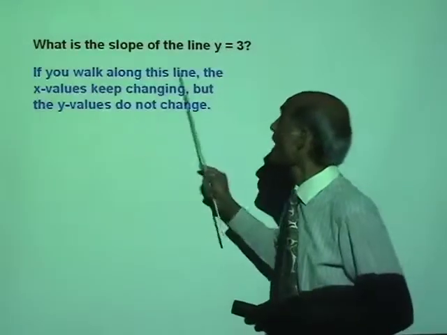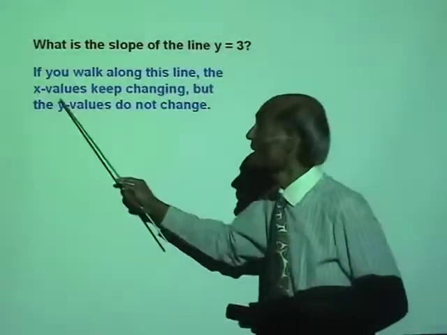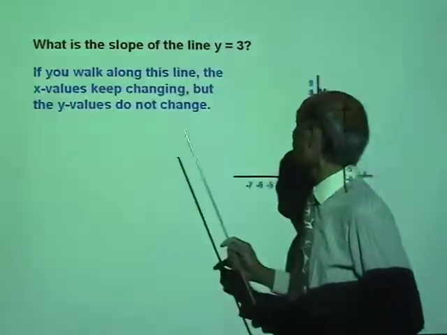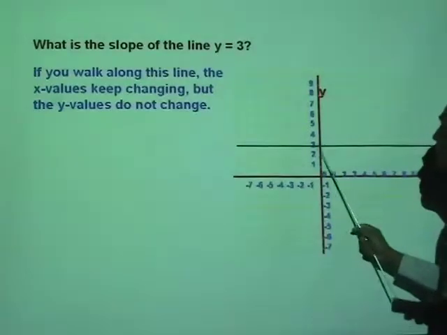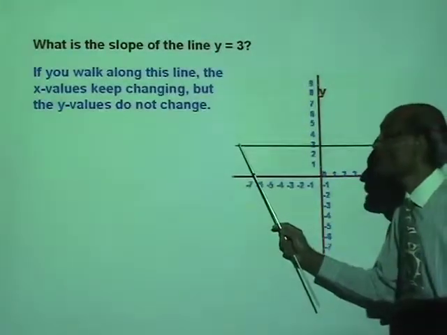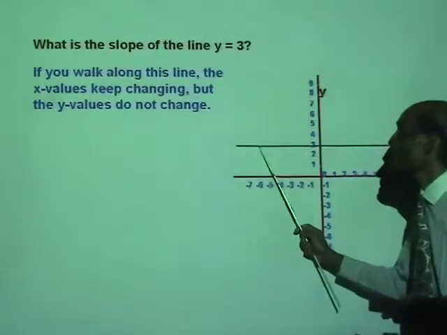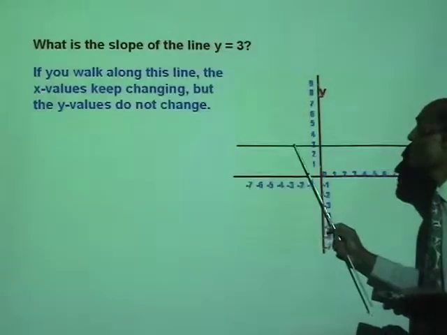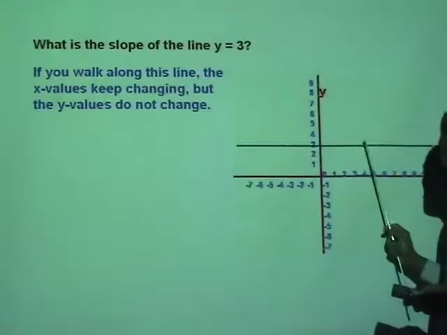If you walk along this line called y equal to 3, the x values will keep on changing. Look at this. This is the line y equal to 3. Suppose you walk along this line, you see the values of x will change from -7, -6, -5, -4, -2, -1, 0, 1, 2, 3.